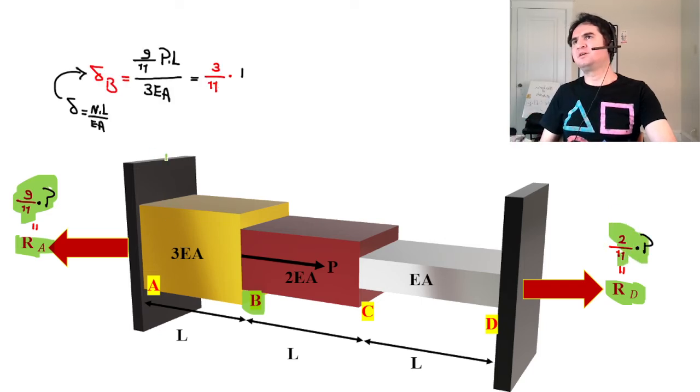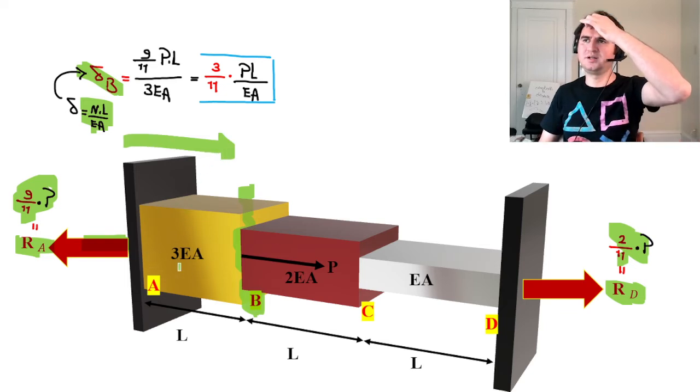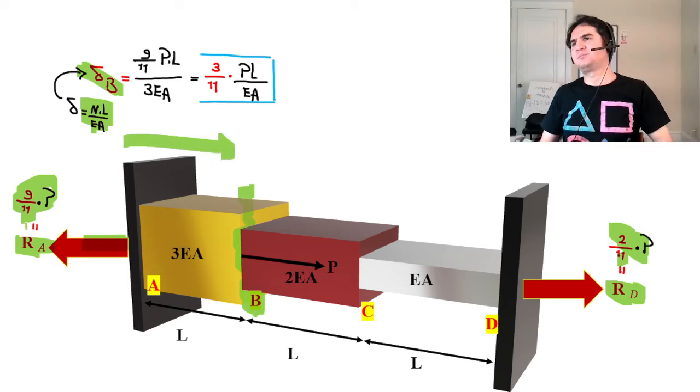Now delta B is NL over EA. If you start from here and just move to the right, you can see there is no other force on the first element but the reaction at A. So that's our N times the length of the element over EA, which is 3EA.